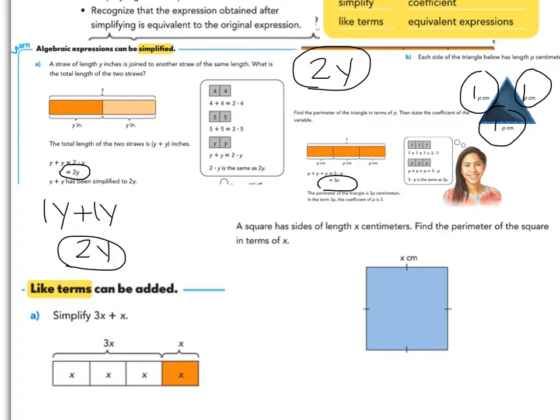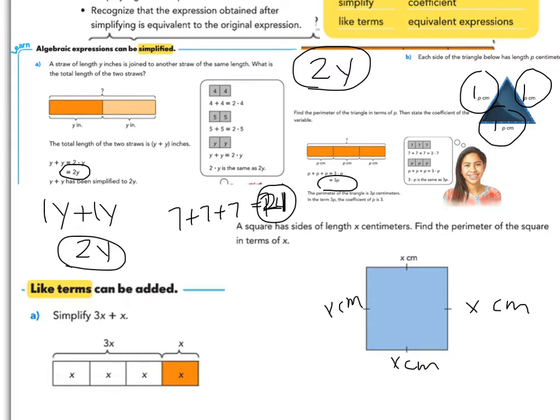Just like if I have 7 plus 7 plus 7, those are all whole numbers, so you can combine those and you would have three groups of 7, which would be not 14, but 21. Now we're going to go on to the square. A square has side lengths of x, so each one of these is x centimeters.